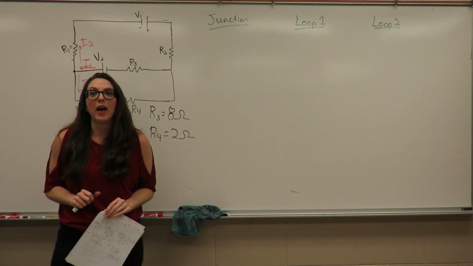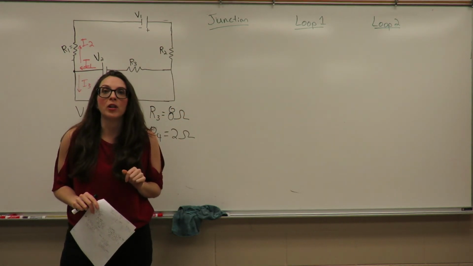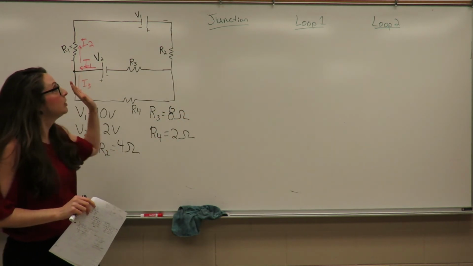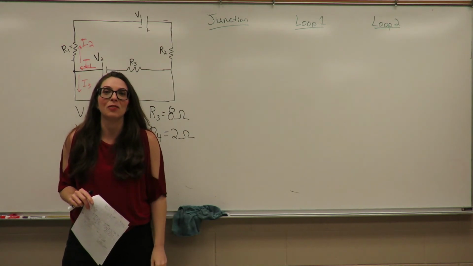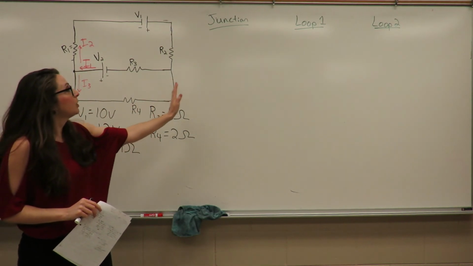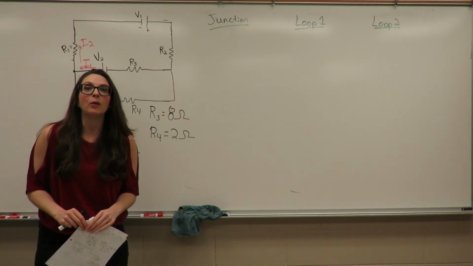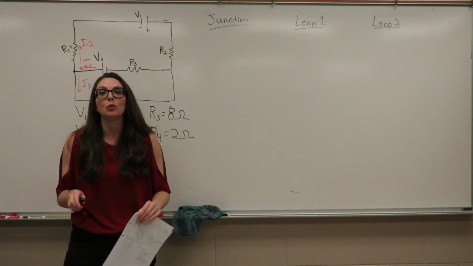Now, in order to do that, we are going to start with three basic equations. We have three unknowns. We need three equations to find those unknowns. Now, whenever I do circuit analysis, I always refer to Kirchhoff, and we want to think about Kirchhoff's two rules.